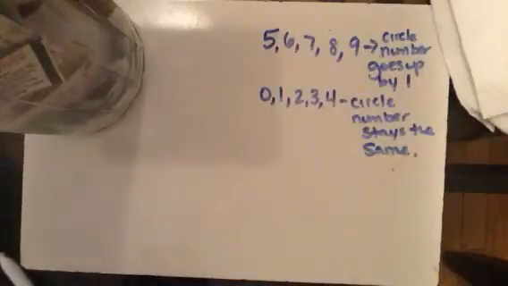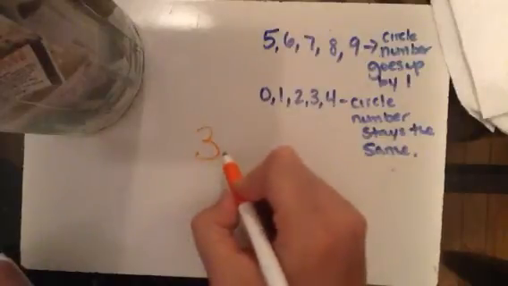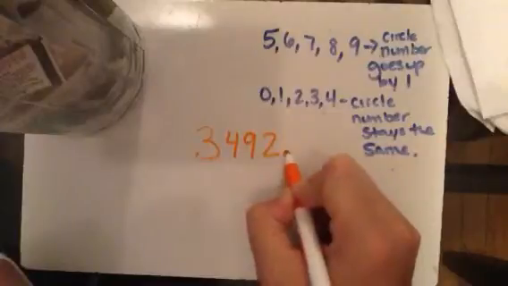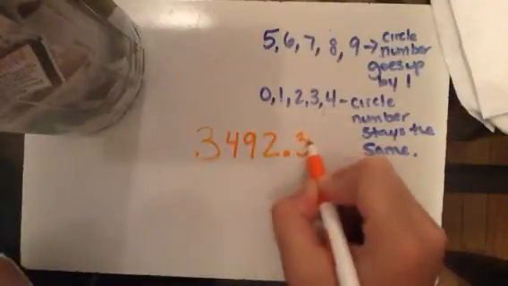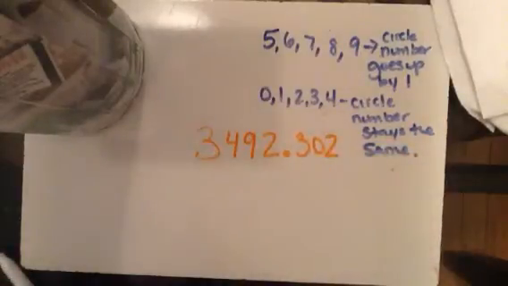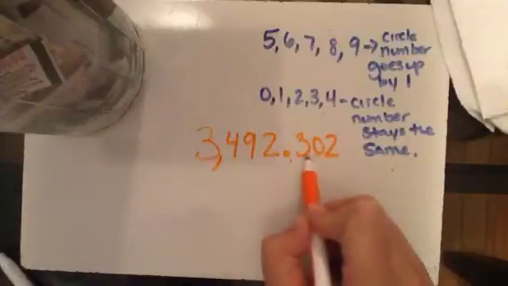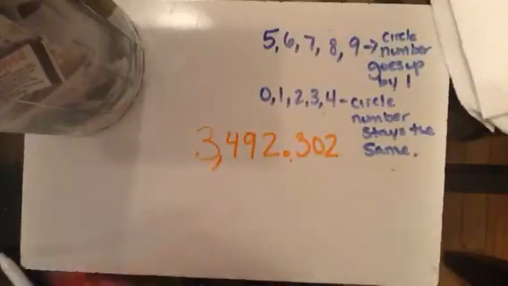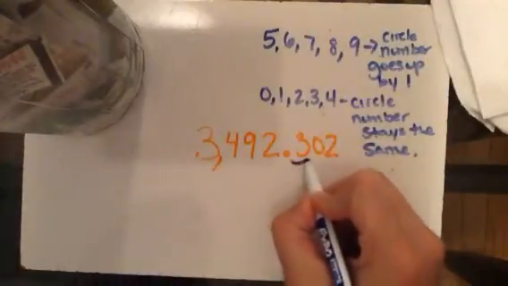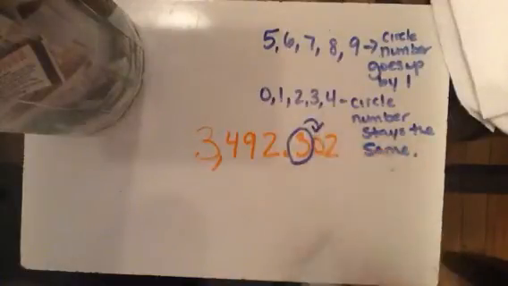So if we have this number, 3,492 and 302,000. If I want to round to the nearest tenths place, I would circle it. I would look to the right.